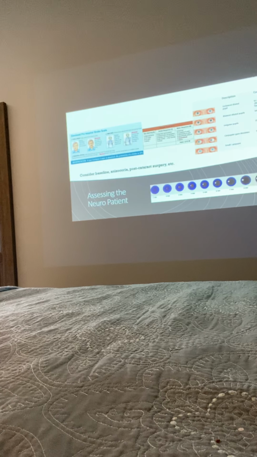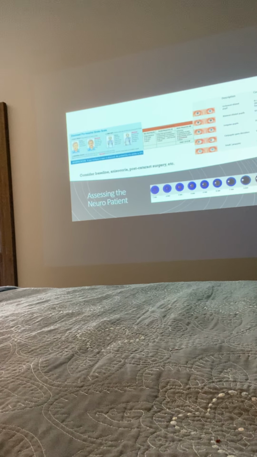I don't know if you guys are able to see it on your end, but the slide, the illustration to your far right, gives you a pretty good idea of what you may see in different types of head injuries. If you're getting a unilateral dilated pupil, a lot of times that can be cranial nerve compression.